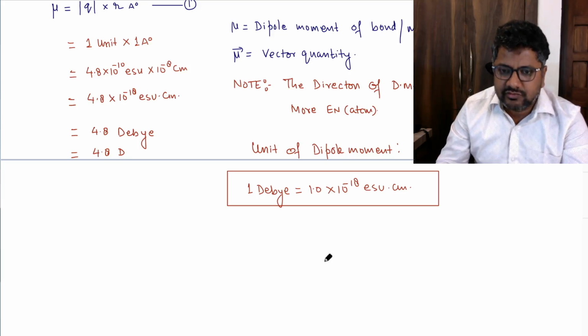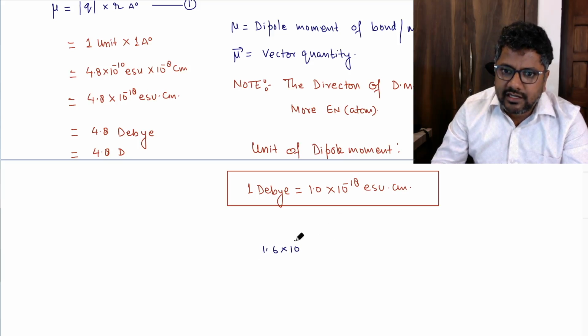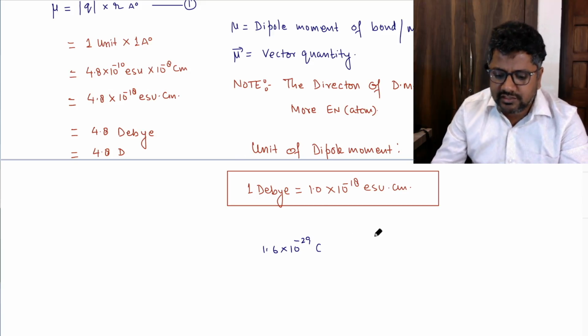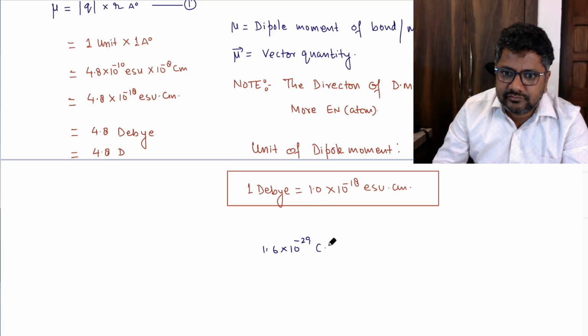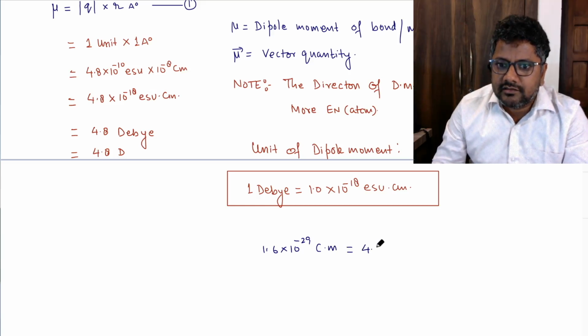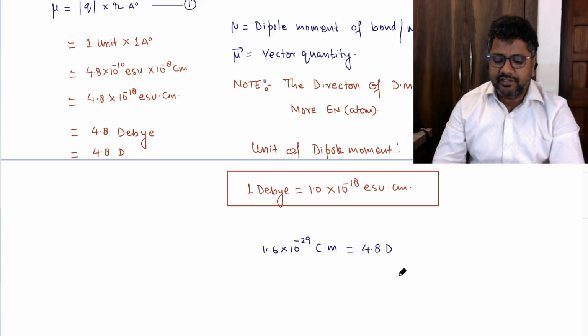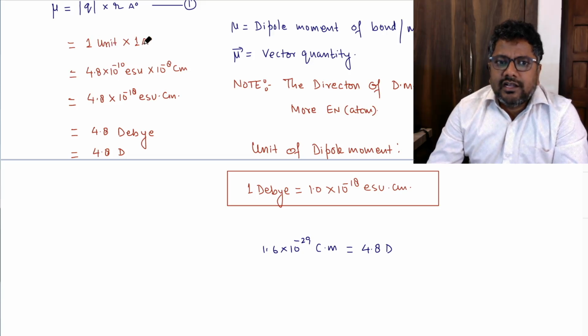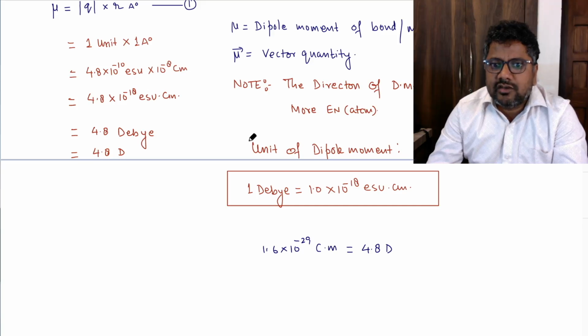If we take unit charge 1.6 into 10 to the power minus 19 coulombs and the distance in meters, with 1 angstrom being 10 to the power minus 10 meters, the product is 1.6 into 10 to the power minus 29 coulomb meter, which equals 4.8 debye.